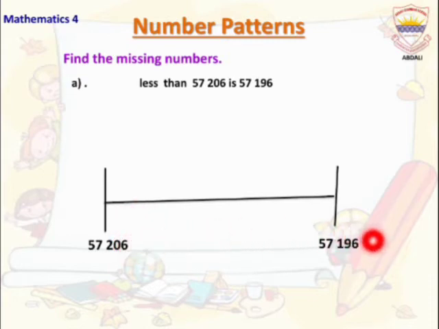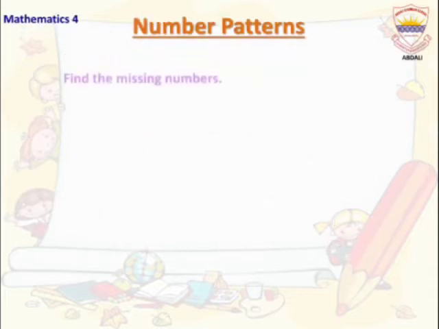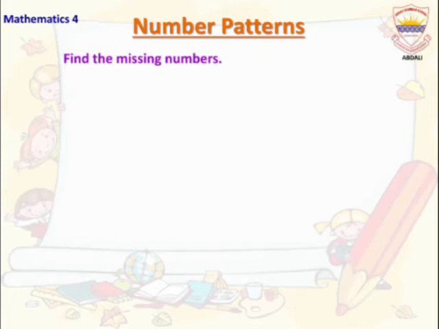When we compare hundreds and tens, the tens place is smaller, so we subtract 10 from it. What do we subtract? We subtract 10 from 57,206, and we get 57,196. Now students, let's start to solve our third question, find the missing number.